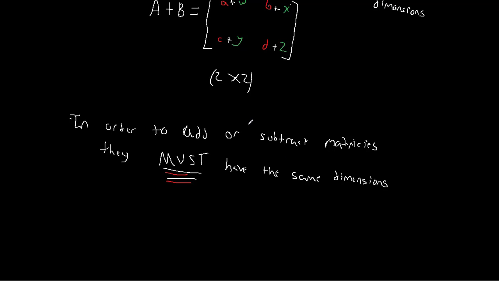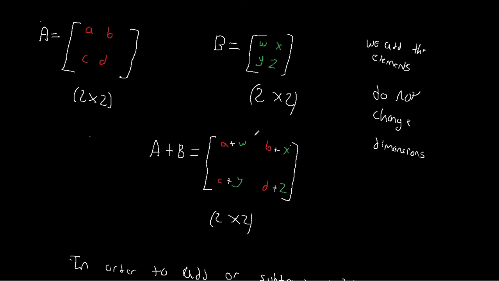And if we go back up to our conceptual example of addition, how would we add something where B was a 2 by 1, where B was a column vector? You couldn't do it, because it would be A plus W, C plus Y. B wouldn't have anything to add. So the whole thing would fall apart.